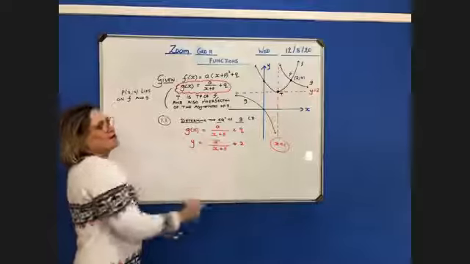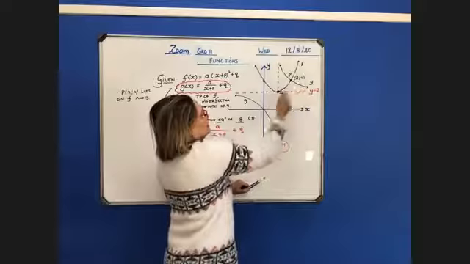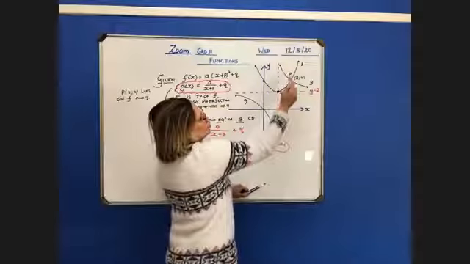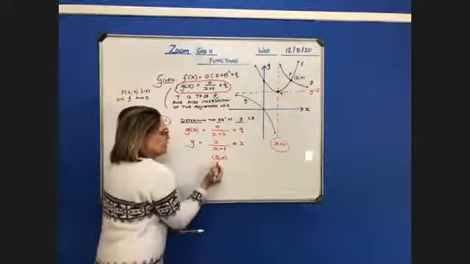Now, to solve for a, you need any coordinate that lies on this hyperbola. You've actually got 2. Use 2, 4, all right?